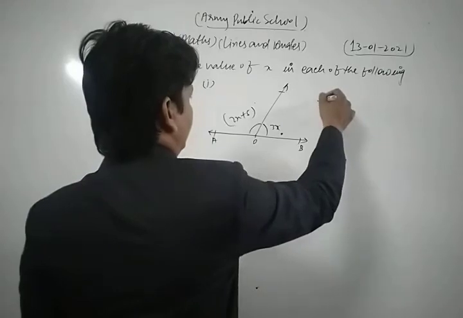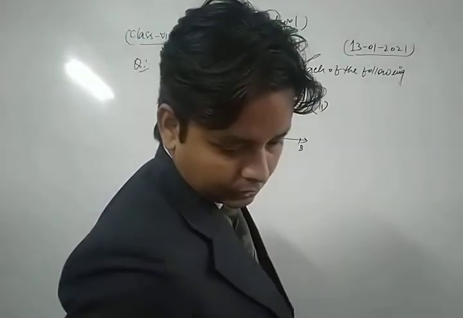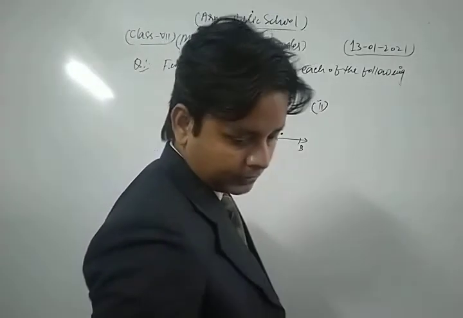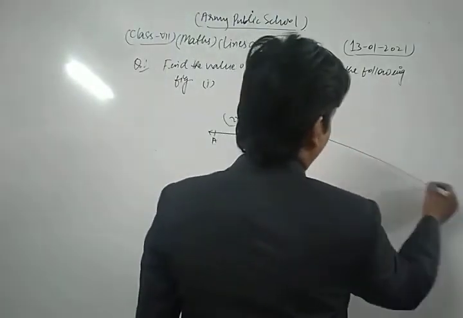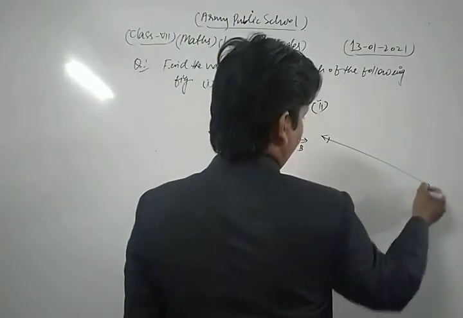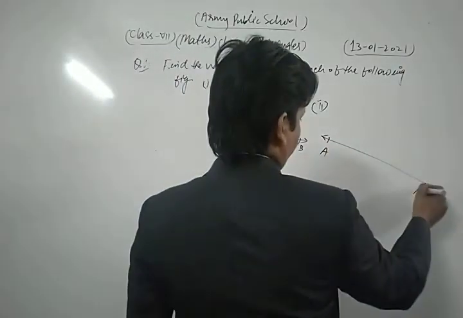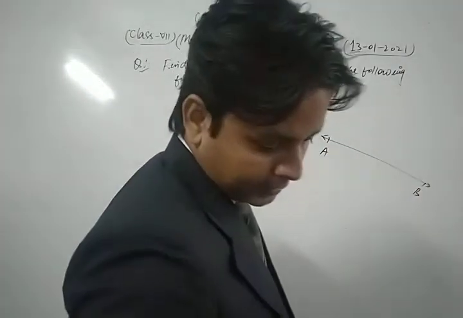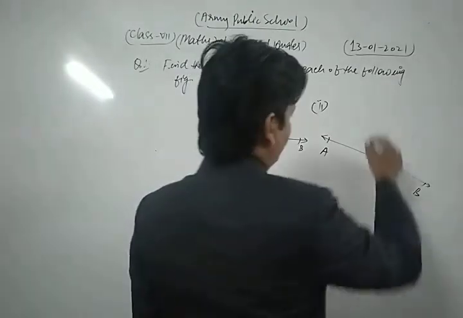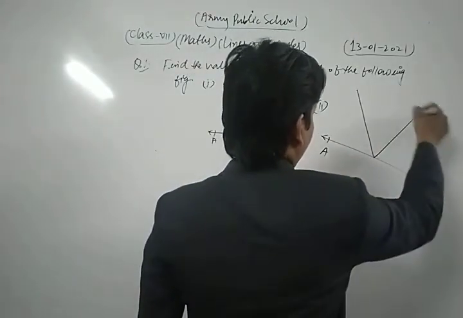And the second one is what, dear students? This is a ray OAB, and two rays stand on it in this way.